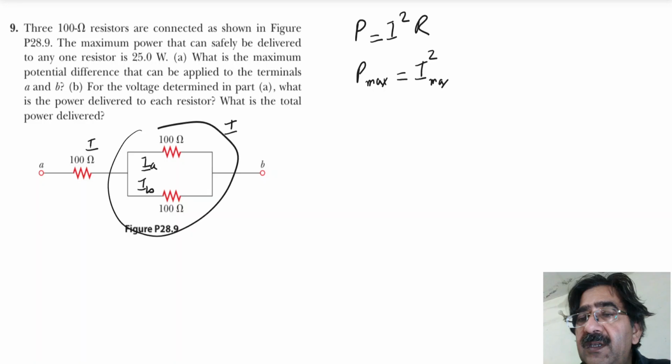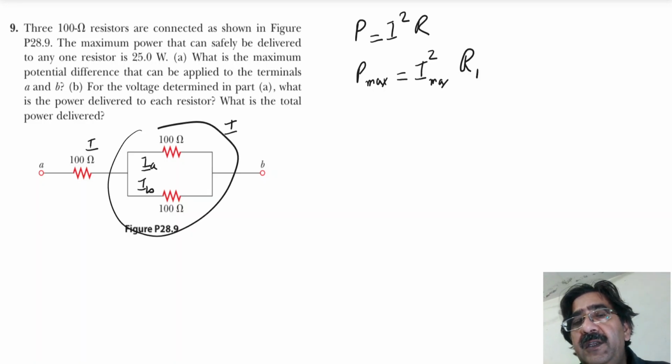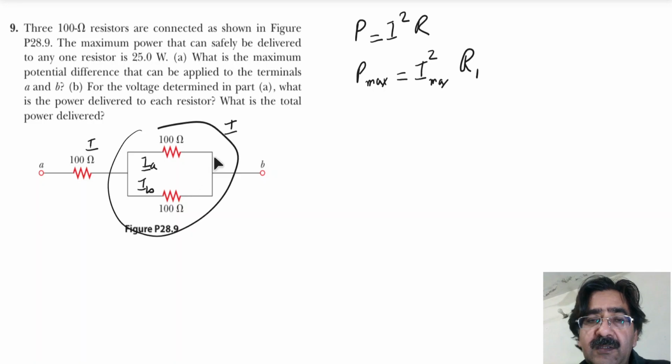So we may take I crossing the 100 ohm, which is constant. Why are we considering this? Because I is crossing all of these circuits. So the same I passes through this resistance and the combination of these, so the maximum power may be calculated from here.